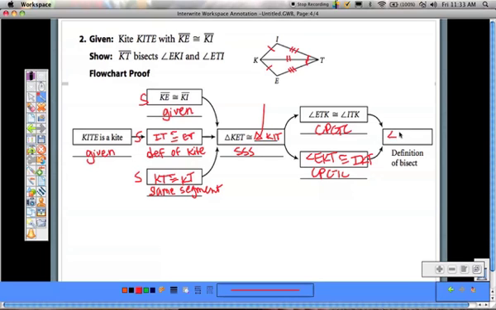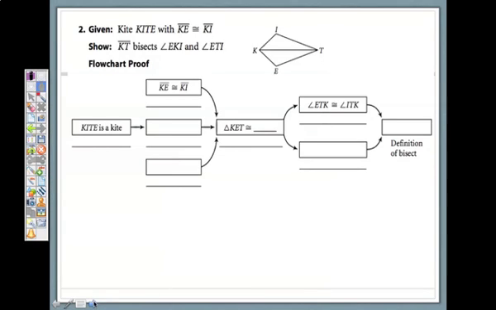And so then angle EKI must be congruent to angle ETI. Definition of a bisector. Okay, one last proof, and then you can practice some of these on your own.